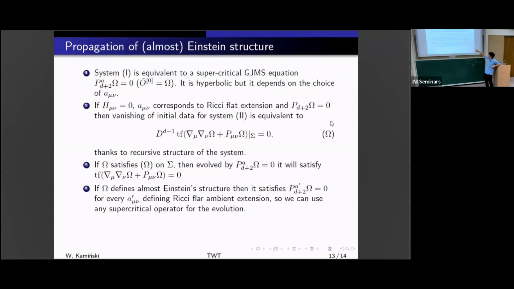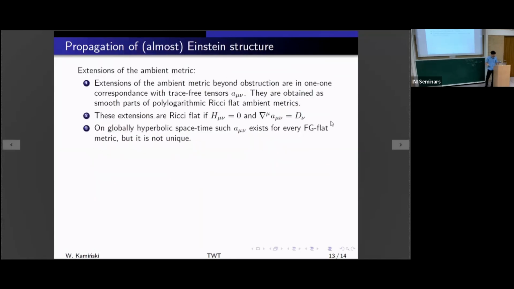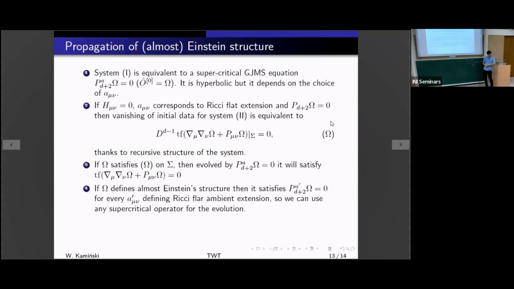Okay, so if this ambient metric is Ricci flat, then it's Ricci flat to infinite order, and this identity holds. So we can use it to show that also this second system, the system that propagates the condition of being almost Einstein, holds.